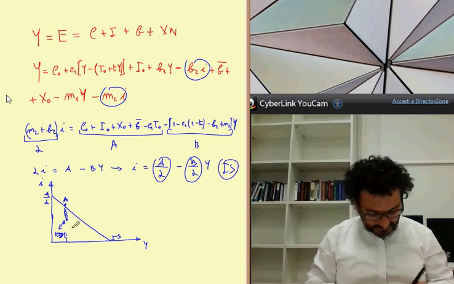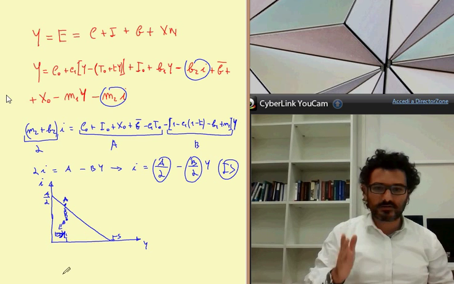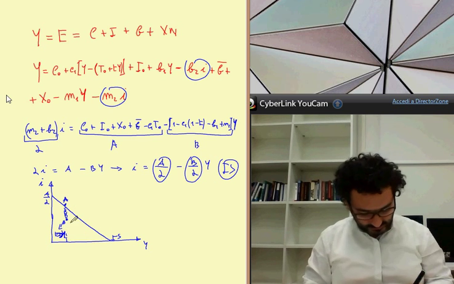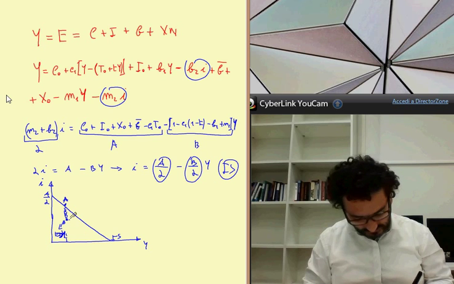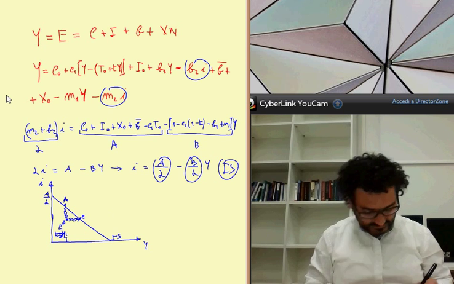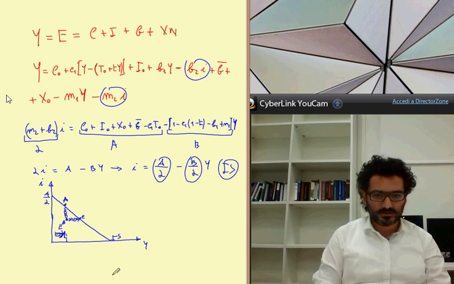Greater than income because of the lower interest rate. And this will imply, through the multiplier effect, an increase in income toward the point C, your equilibrium point C.